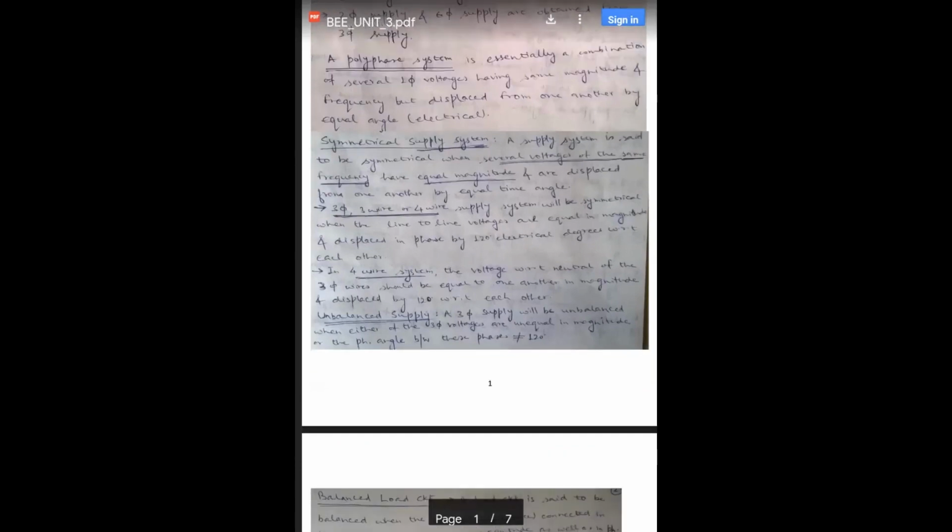Okay, so what do we understand by the polyphase system? It is just as we have discussed in the single phase system also. You can say that there is a conductor which is moving, say, in anti-clockwise direction in the magnetic system.